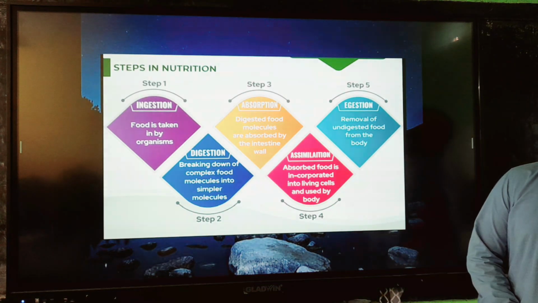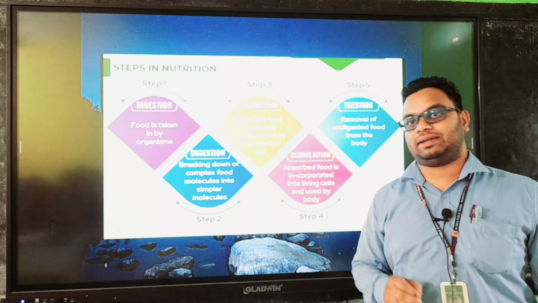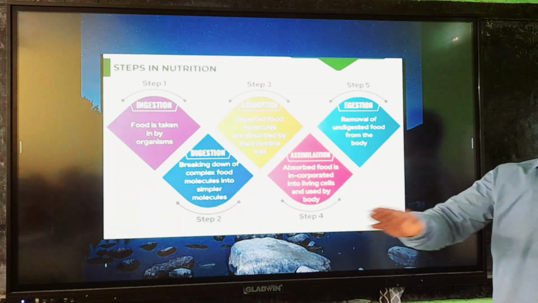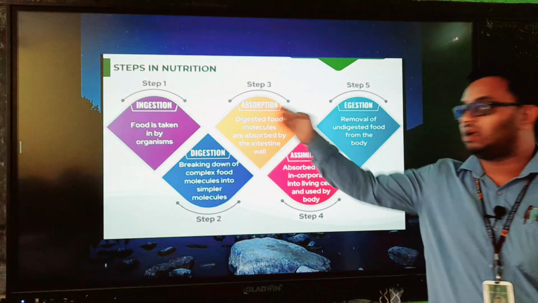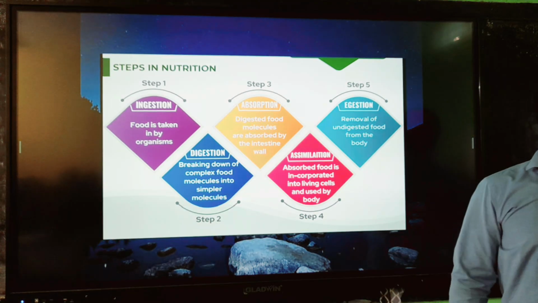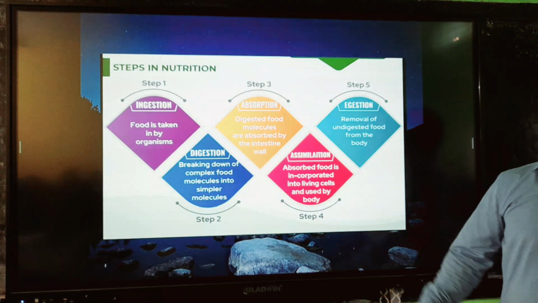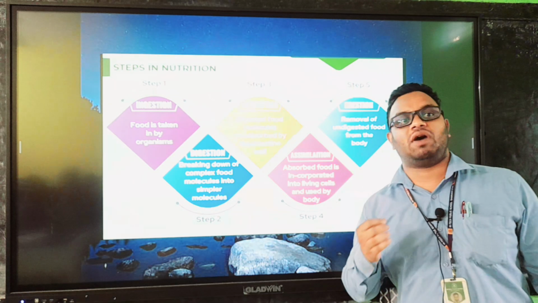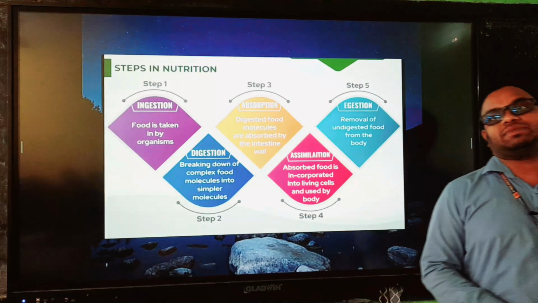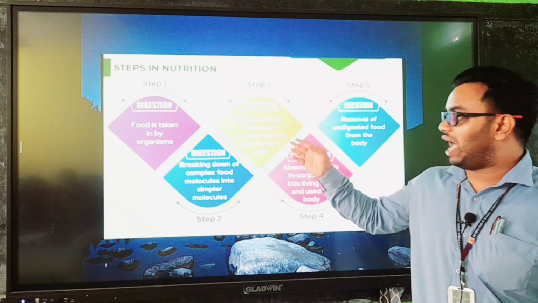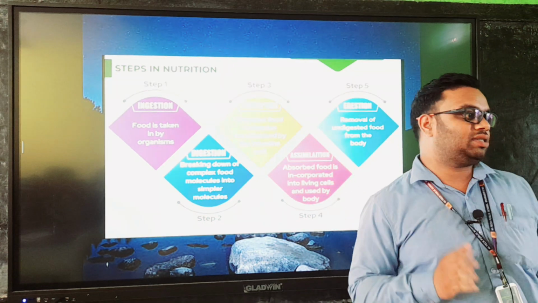Okay, then step number 3 is absorption. After digestion of the food, we have absorption. Absorption is very important, and it is done in the small intestine. The food is completely digested in the small intestine, and the absorption is also done in the small intestine.